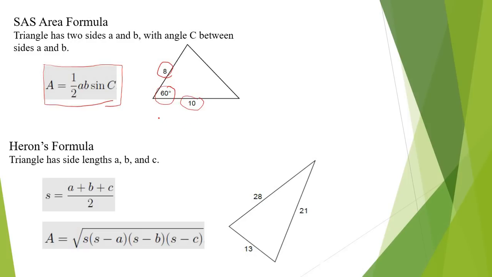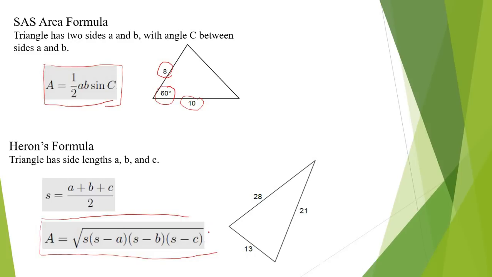Now, another very useful formula is Heron's formula. If your triangle has side lengths A, B, and C, then you can directly determine the area of your triangle if you know the side lengths A, B, C. So it is given by this formula here.